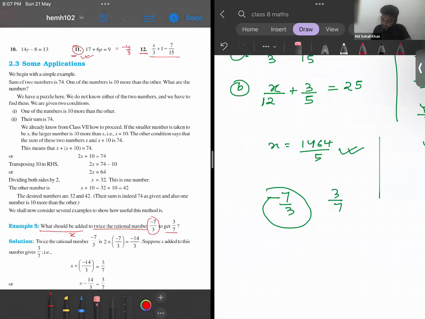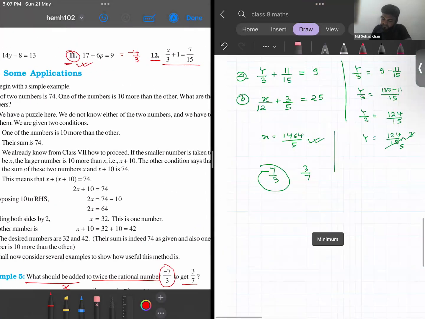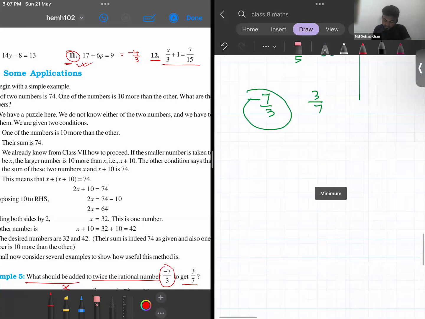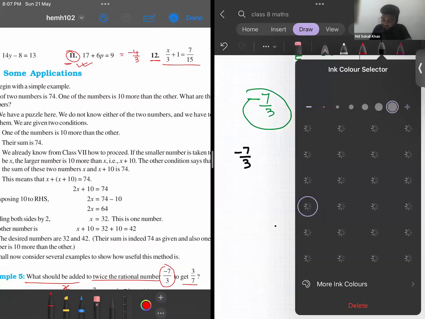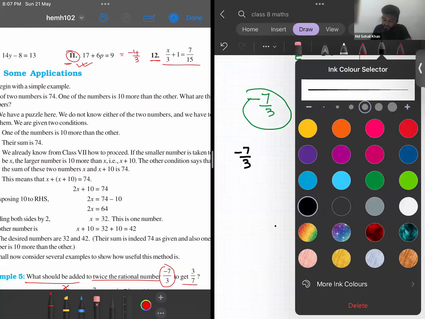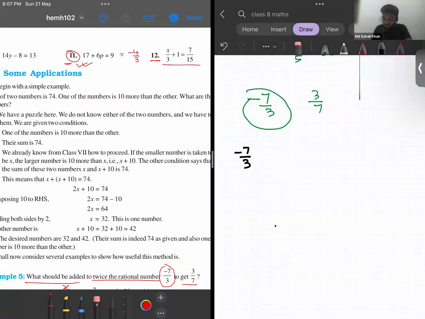The question says, what should be added to twice the rational number minus 7 upon 3? So first we find its twice value. Twice of minus 7 upon 3 is simply 2 multiplied by minus 7 upon 3. That is going to give you minus 14 upon 3.